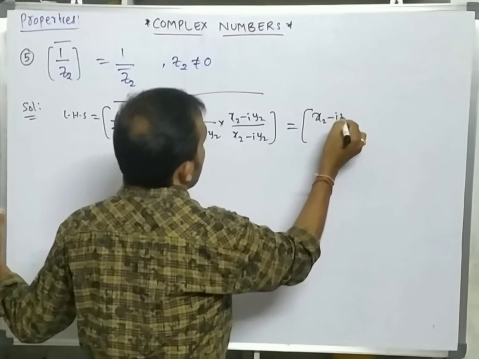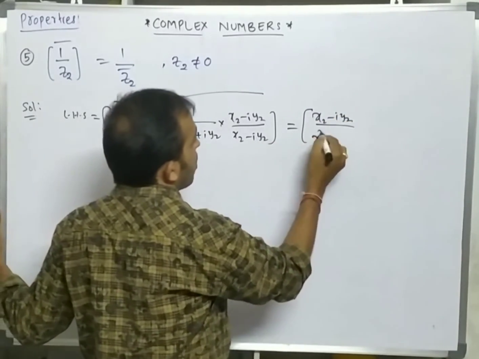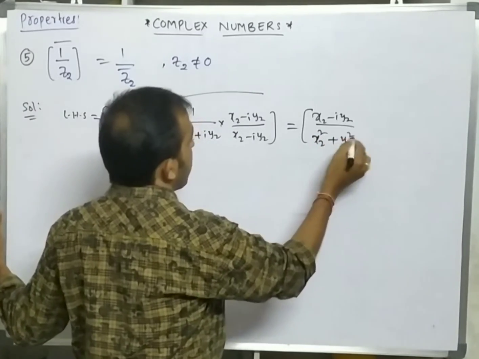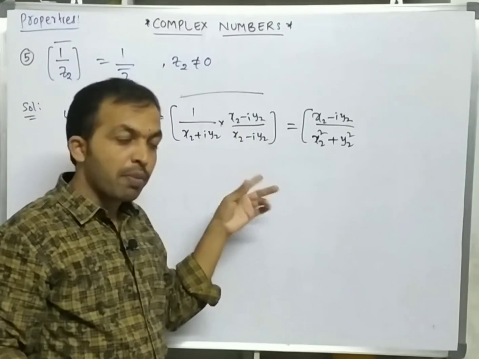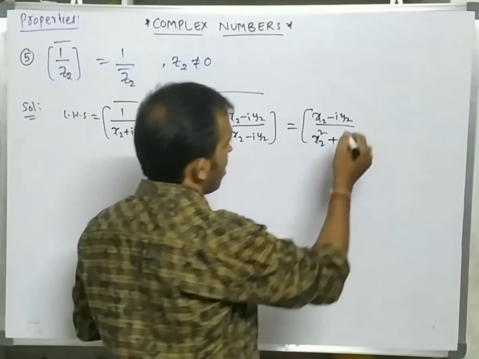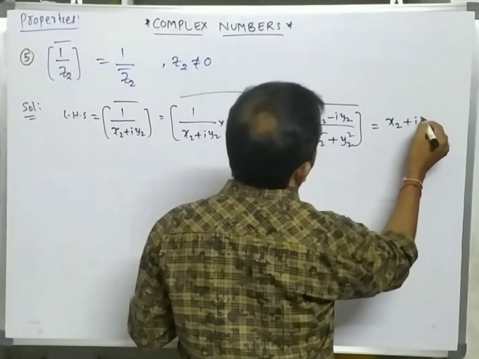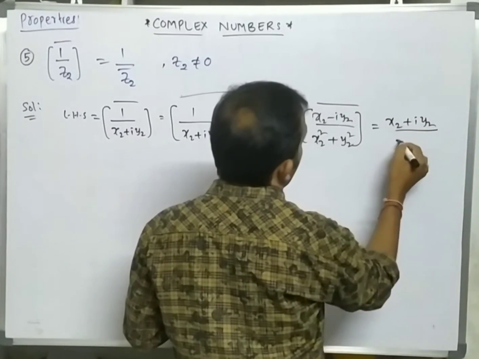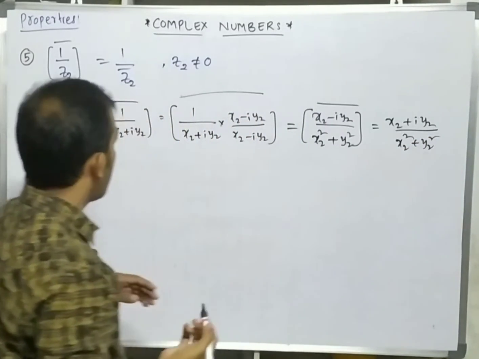The denominator is a plus b into a minus b, so x2 square plus y2 square, minus i square y2 square. I square value is minus 1, minus into minus plus. Now apply conjugate, we will get x2 plus iy2, replacing i with minus i. So this is the left hand side part.